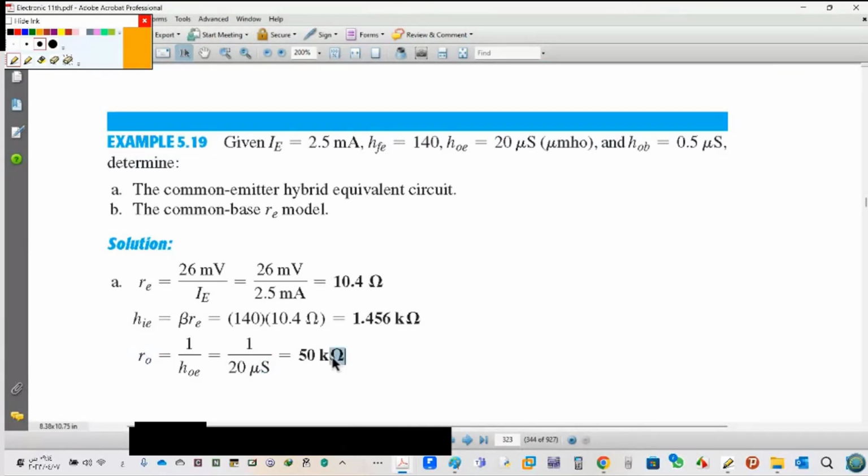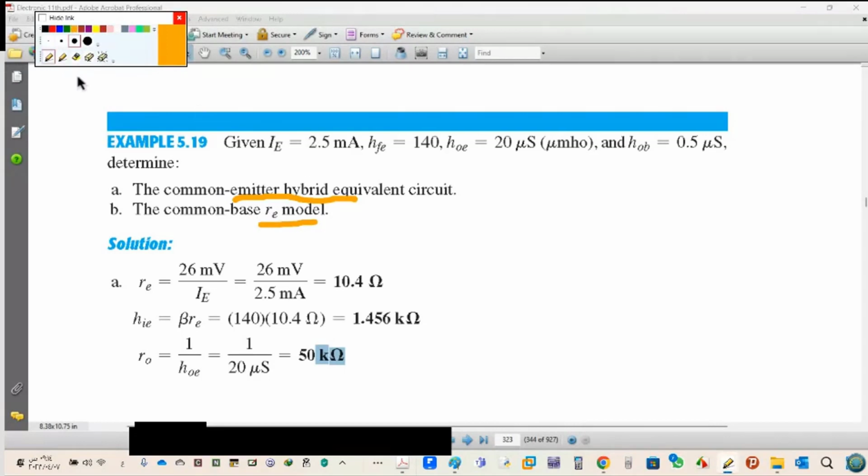He gives you HOE. So he asked me for the common emitter hybrid equivalent circuit and the common base RE model. In this question, he asked two things.